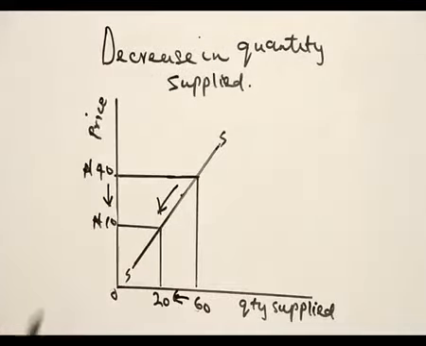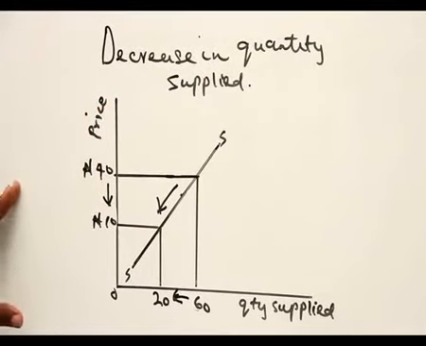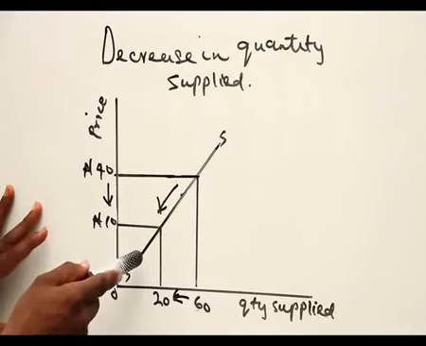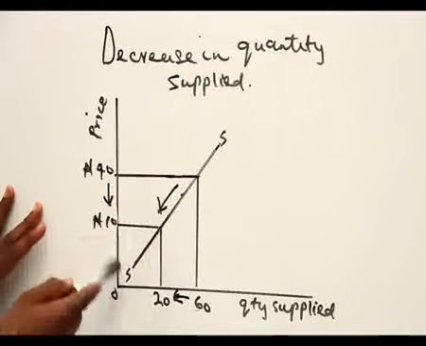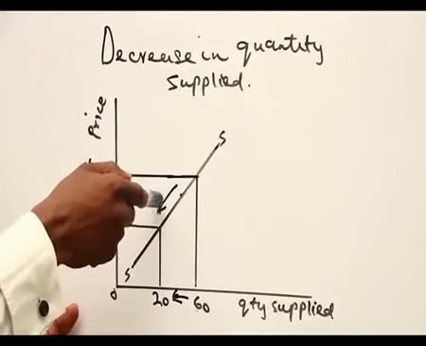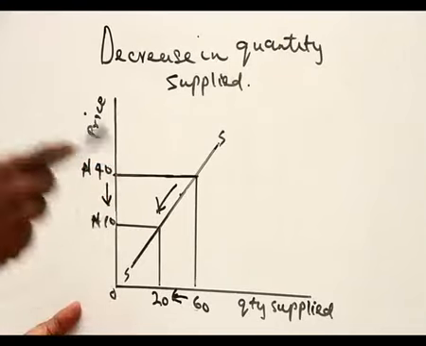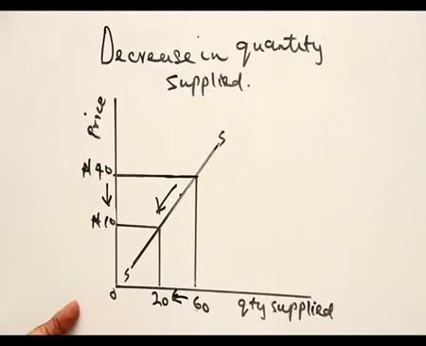The second one is decrease in quantity supply. Looking at the diagram before us, we observe something on this supply curve. You will see that the arrow moves downward. The indication is that there is a decrease in quantity supply. And why is there a decrease in quantity supply?